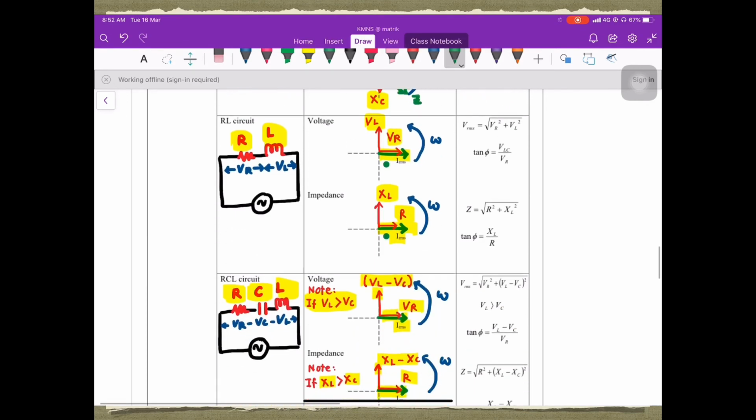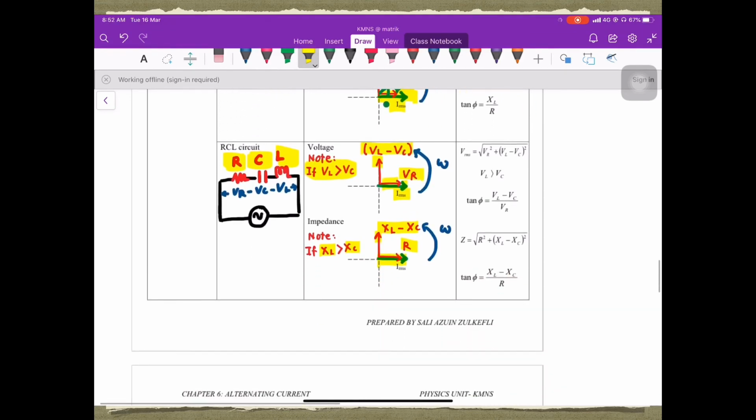For this case, this is the VRMS with angle phi, and this is the impedance Z with angle phi. And from the Pythagoras theorem, we will get this equation.